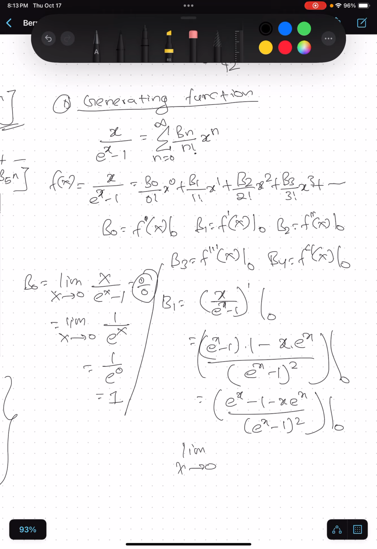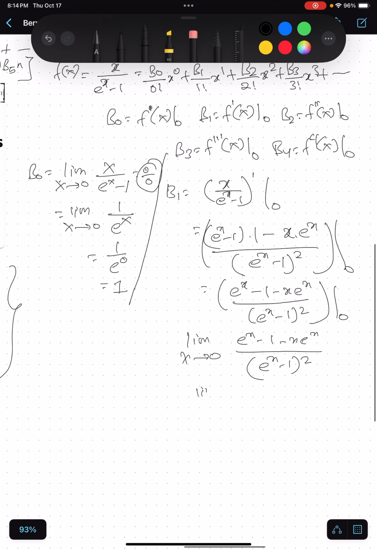Limit as x goes to 0 of (e to the power x minus 1 minus x e to the power x) divided by (e to the power x minus 1) whole square. If you differentiate numerator and denominator, you get (e to the power x minus e to the power x minus x e to the power x) divided by 2 times (e to the power x minus 1) times e to the power x, right?